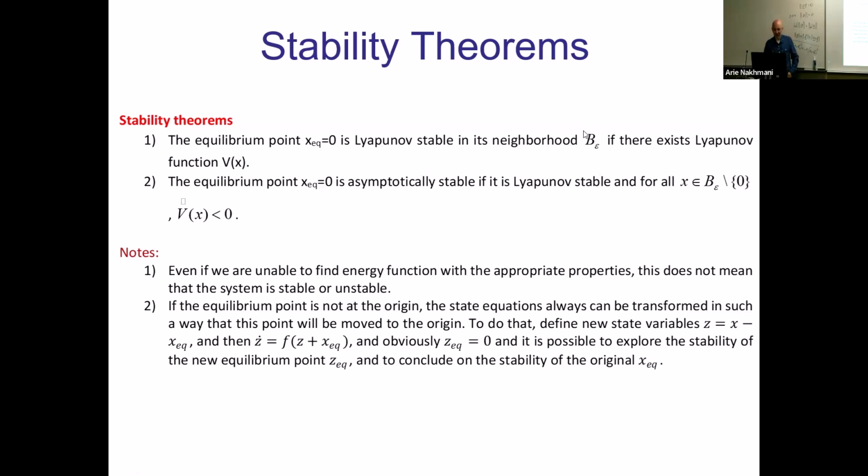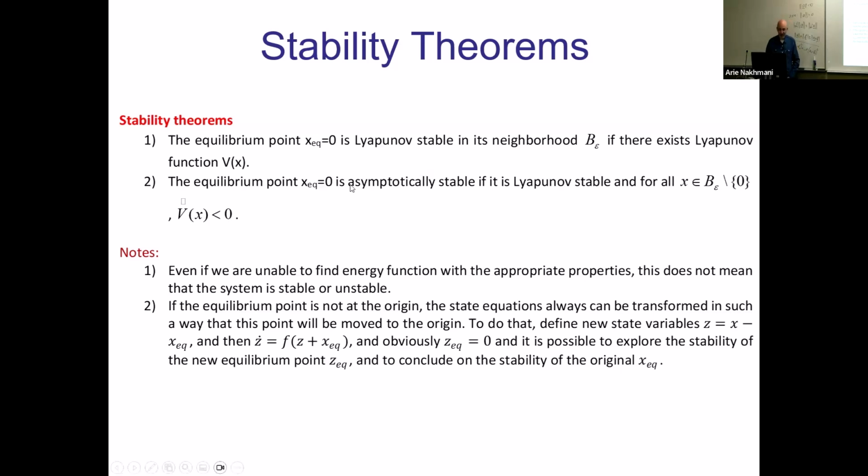Again, mathematicians like that type of symbolics. Again, think about that as a circle in state space, or a hypersphere in higher dimensional space, okay? So it will be stable in some particular neighborhood if there exists a Lyapunov function V. That's it, as simple as that. So if you manage to find that function, if this exists, then it's Lyapunov stable. That's it. All right, so that's why this function is so important.